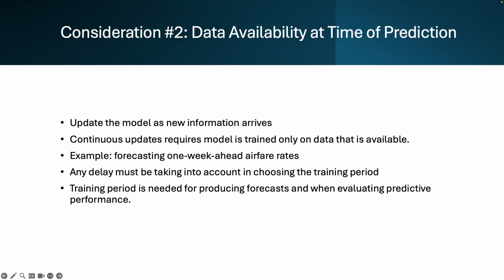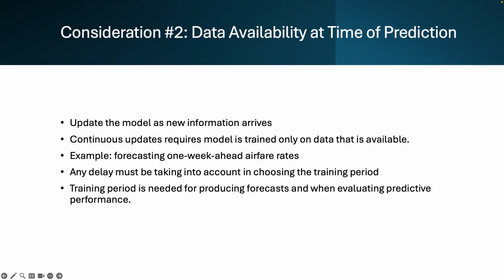It's important to update the model as new information arrives. Continuous updating requires that we ensure the model is trained only on the data that is available at the time of a prediction. And the training period must take into account data availability and the forecast horizon.